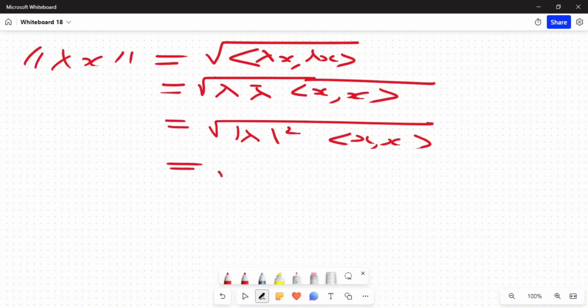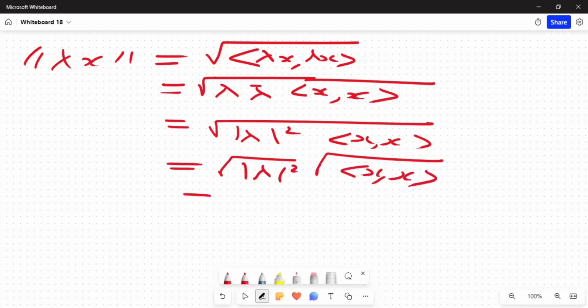This will be the square root of lambda squared times the square root of the inner product of x comma x. If you take the square root of lambda squared, it will be simply the modulus of lambda times the square root of the inner product of x comma x. What is this now?